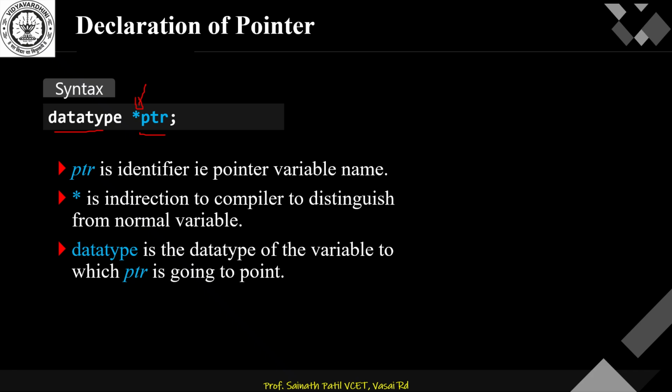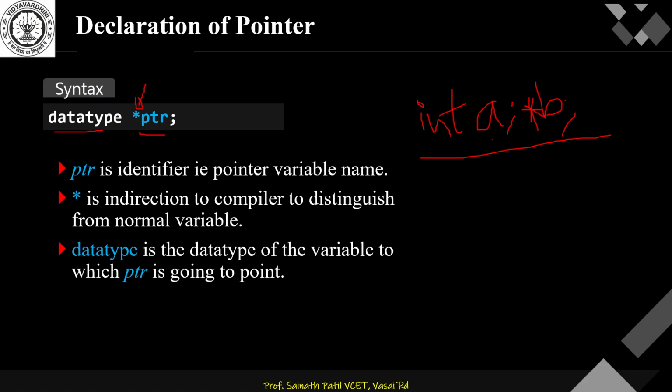For example, suppose I declare int a. In this case, a acts as a normal variable. And suppose instead of a semicolon I put a comma and then b; b is also a normal variable. If I put a star in front of b, then on a single line I am declaring int a and star b.